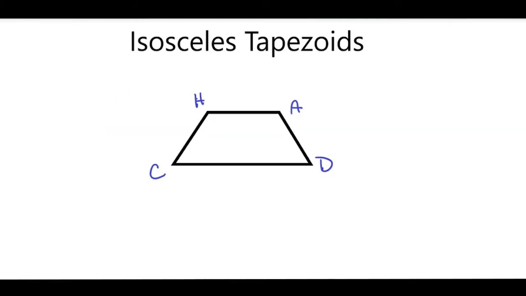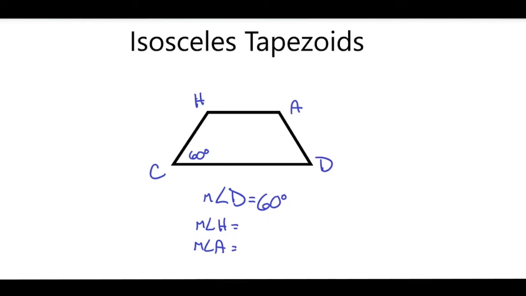What if I tell you that the measure of angle C is 60 degrees? Well, then what's the measure of angle D? That's also 60 degrees. Well, what about the measures of angle H and the measure of angle A?